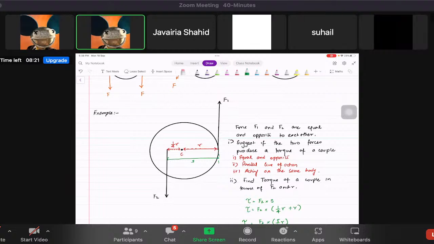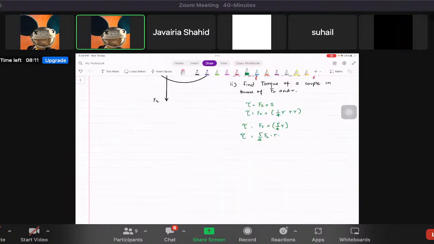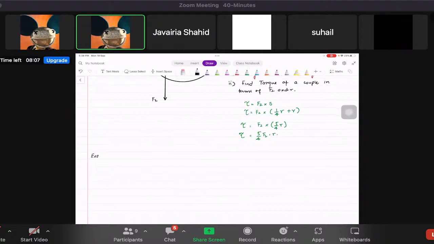Alright, now that we understand what exactly a torque of a couple looks like, we can go towards another example. So this time they have given you a plank, and from this point there is a force acting which is 40 newtons, and at this point there is another force acting that is also 40 newtons.